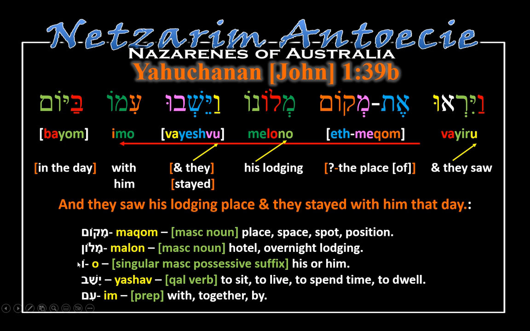And also, I've given you the O sound at the end of melono, and the O sound is a singular masculine possessive suffix for his or him. Right, and then we have imo, and again it's got the possessive at the end, him, and im is with, and I've given you im down here as a preposition: with, together, by. And then bayom, meaning in the day.